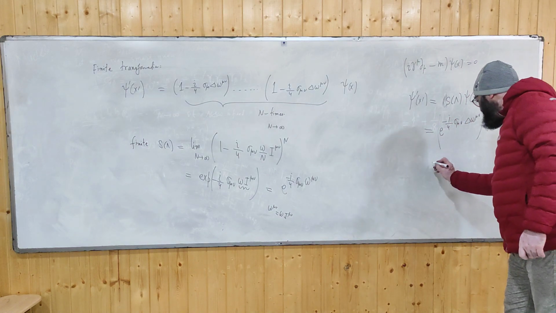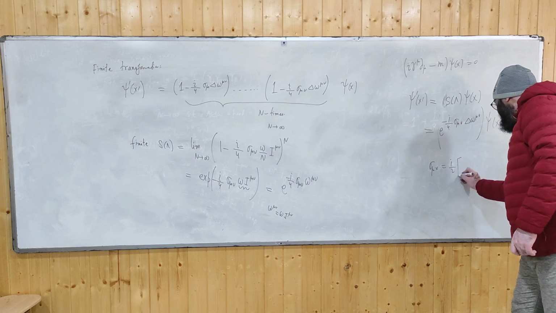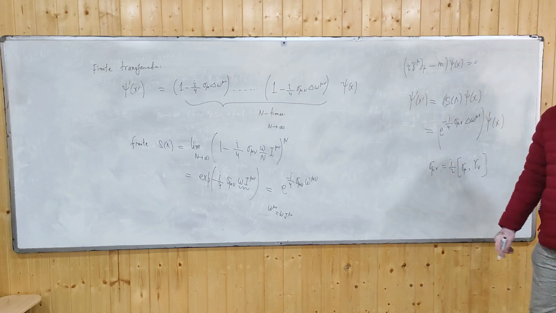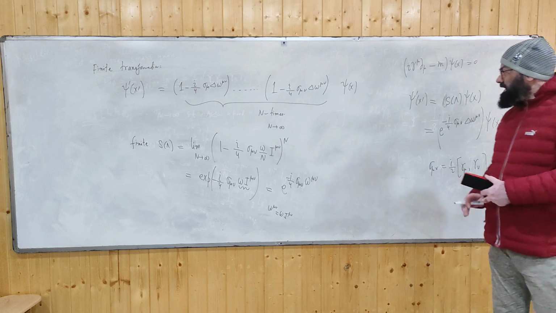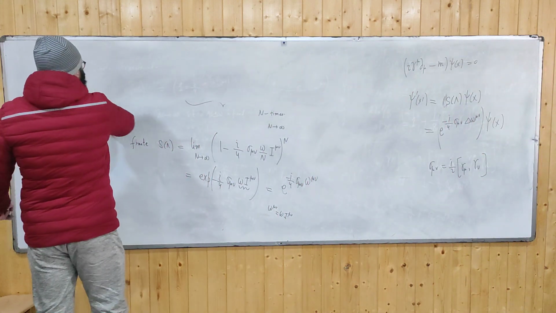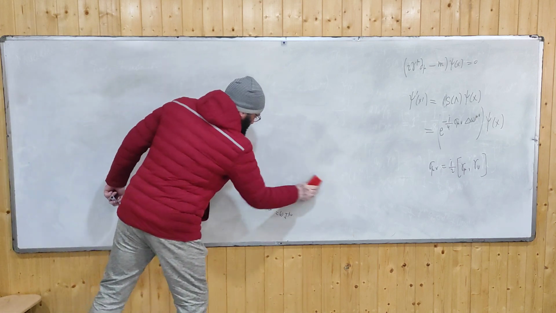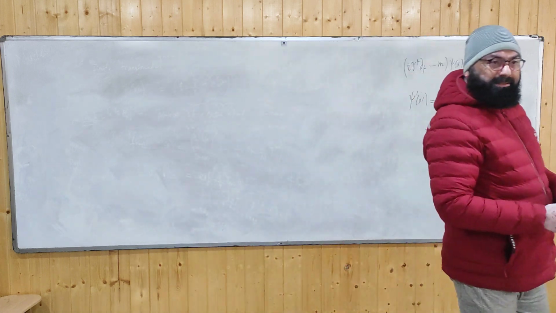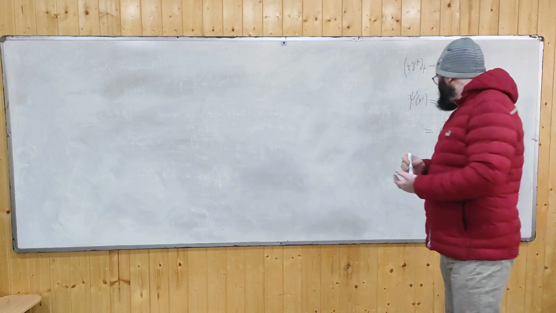And we need to interpret now this sigma mu nu. What is it? Gamma mu, gamma nu. Clear? Got it? So now let's take the interpretation of this sigma mu nu first. Any question till now? Any question? Okay.